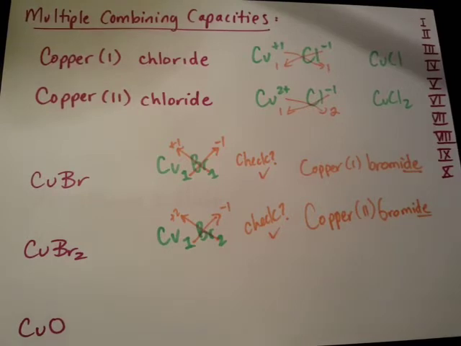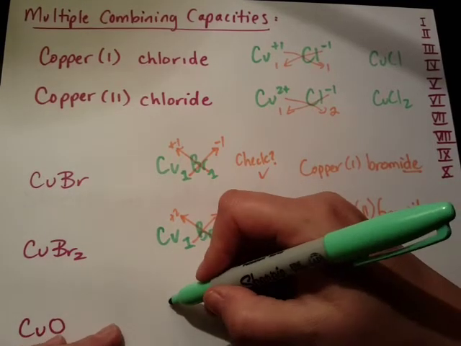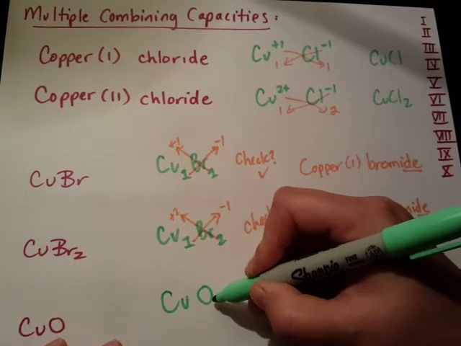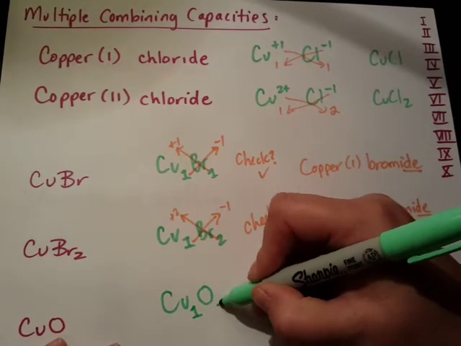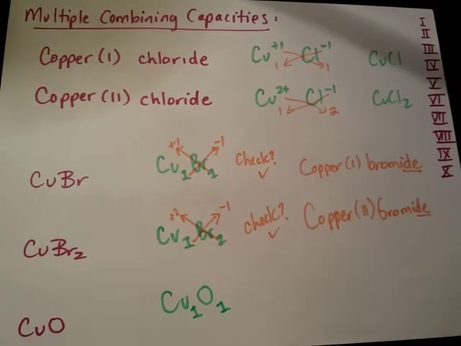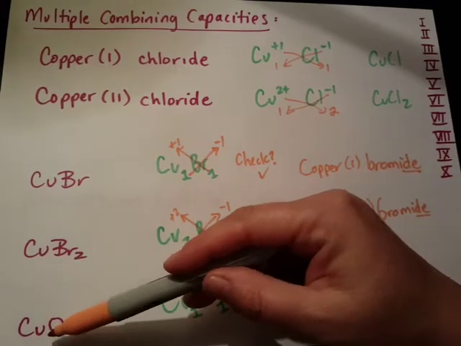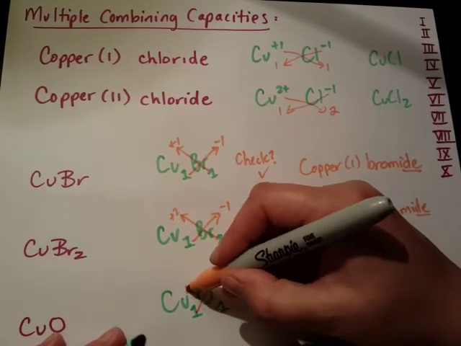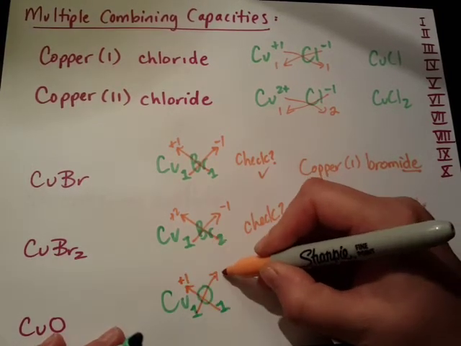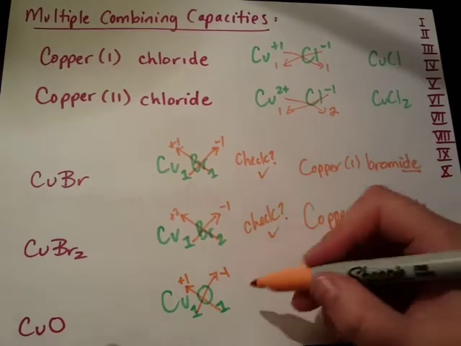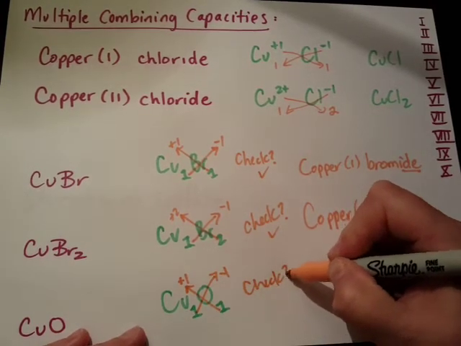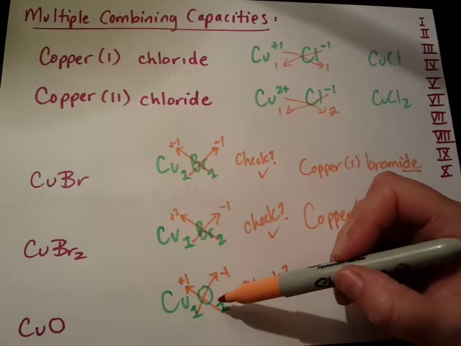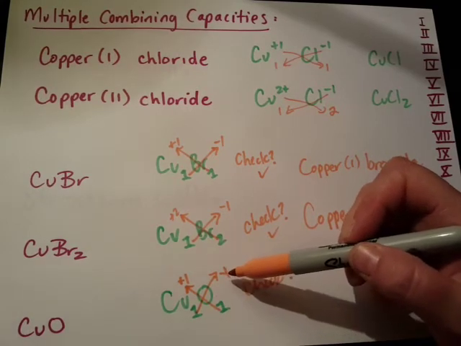All right. Now we're on to the weird one. Last one, definitely going to be weird. In terms of the formula, it's showing us 1 oxygen to 1 copper. When we unzip this and we check, we ask ourselves, does oxygen actually form a -1 ion?